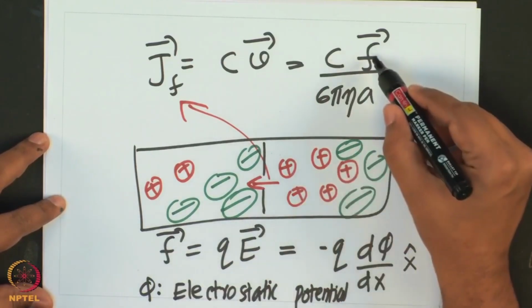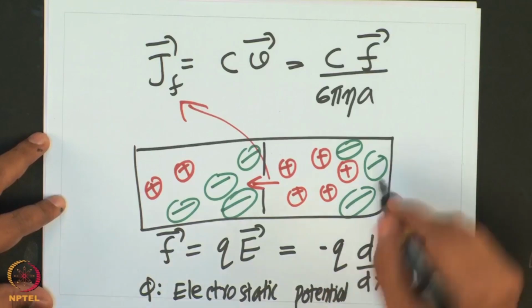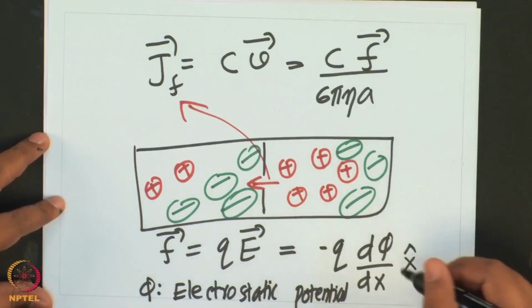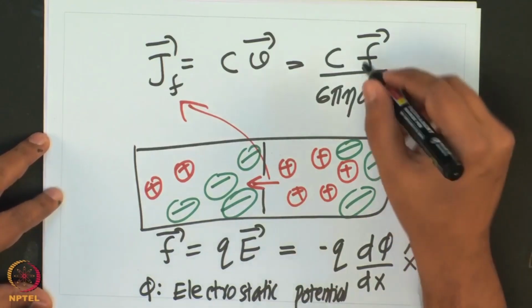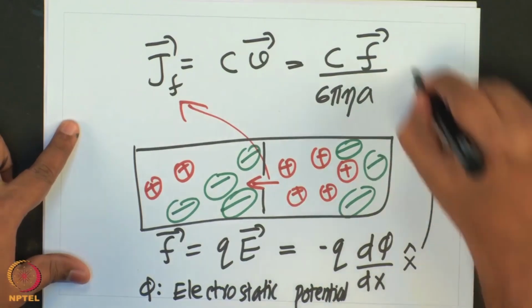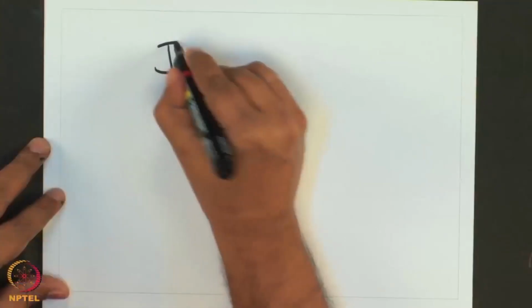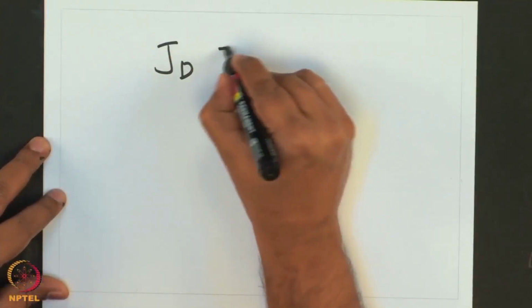So I can substitute F here, which is my Q d phi by dx with appropriate direction, x cap or minus x cap depending on the direction of the charge difference. So I am going to substitute this for the force here. So I have two currents. One is the diffusional current JD. I am going to write only the magnitude of these two currents because the direction, we know, is opposite.